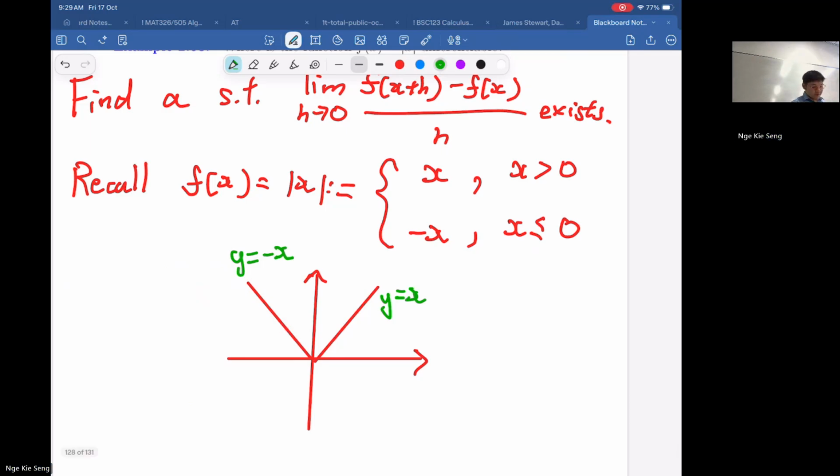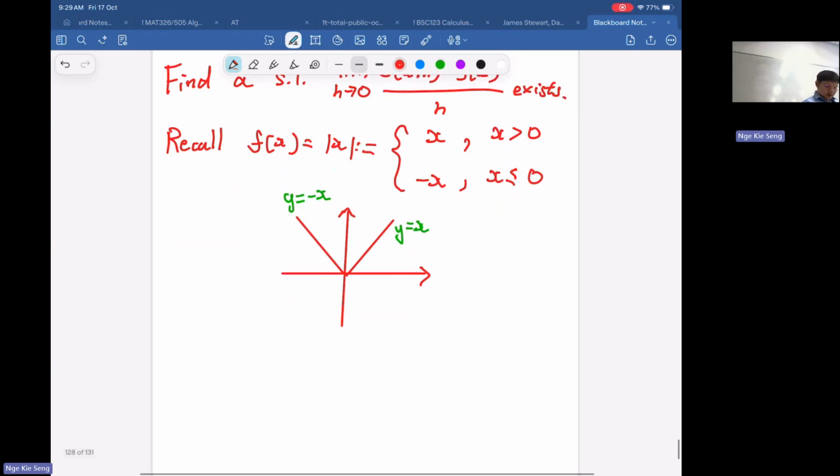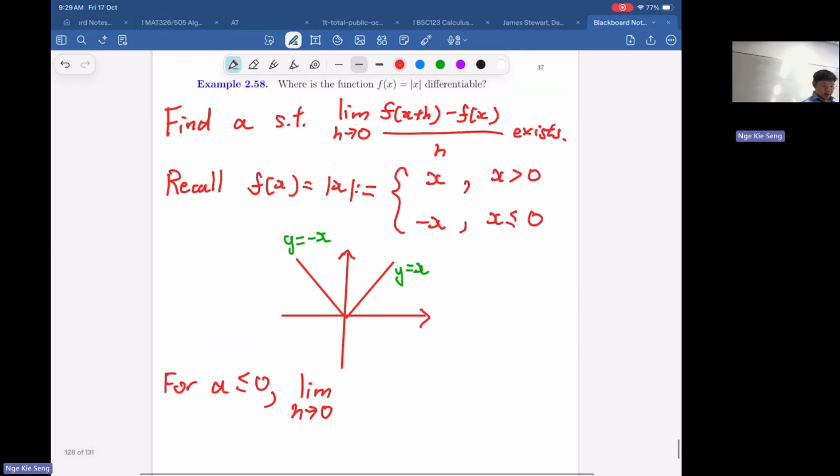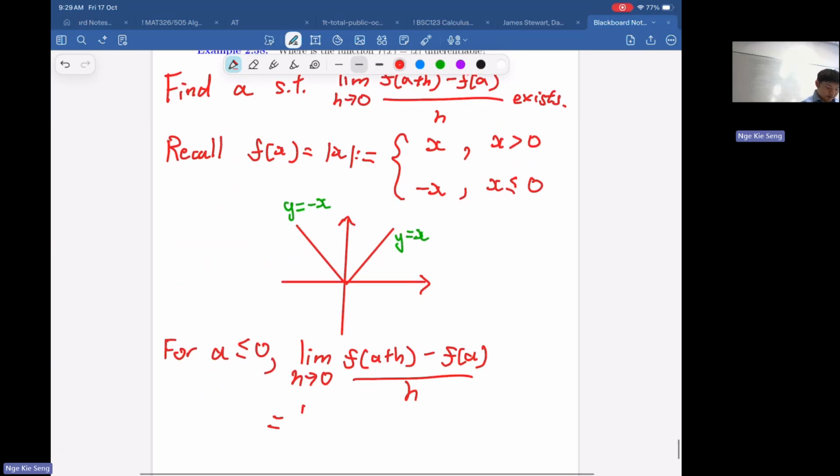Okay, so let me write down the full argument here. For a that is less than or equal to 0, if you compute the limit as h goes to 0 of f(a plus h) minus f(a) over h, what's this?